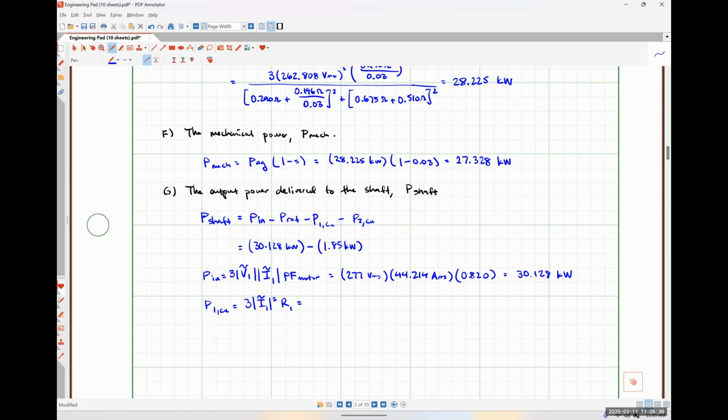So that would be, throw that 3 out front, 3 times 44.214 amps RMS squared. R1 was 0.322. And let me just double check here.